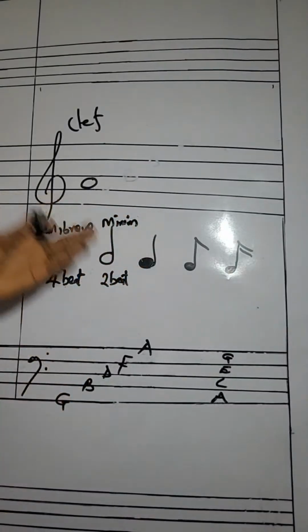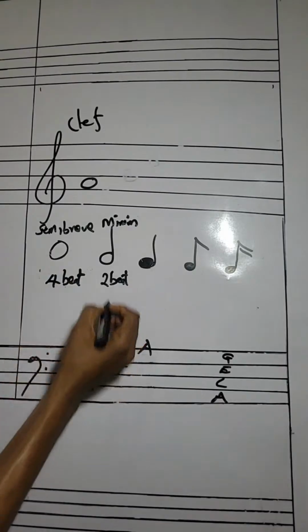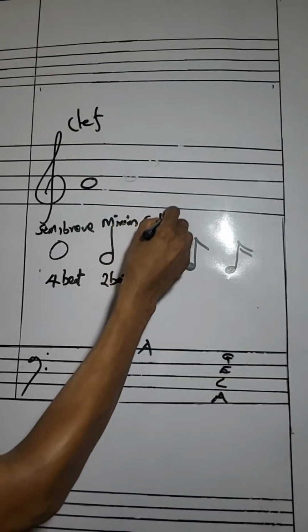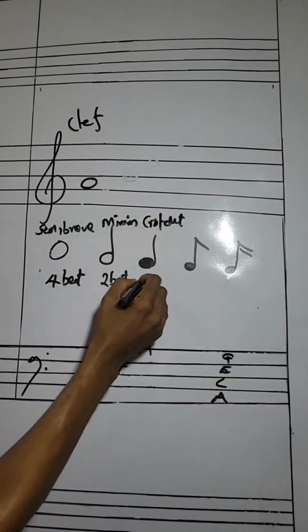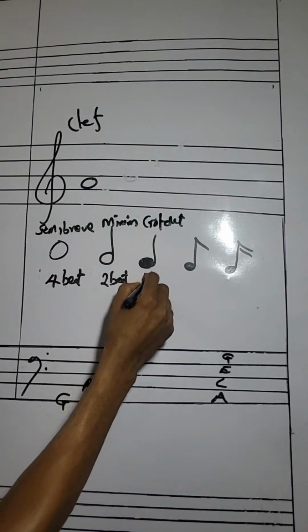You can call it a minim or a half note. You can call this one a semibreve or a whole note. I want to believe we are following. Now, if my minim is 2 beats, that means my crotchet, which is my quarter note, is going to be equal to 1 beat.